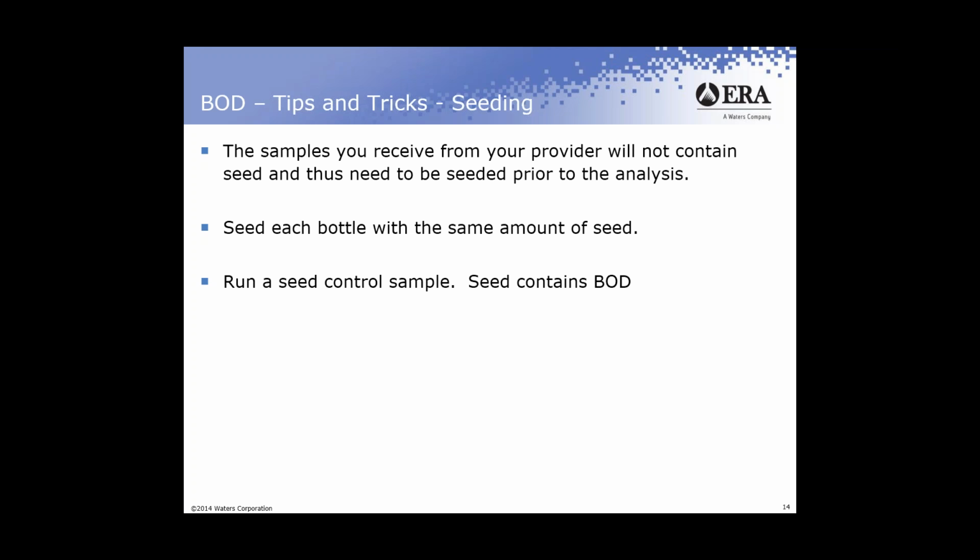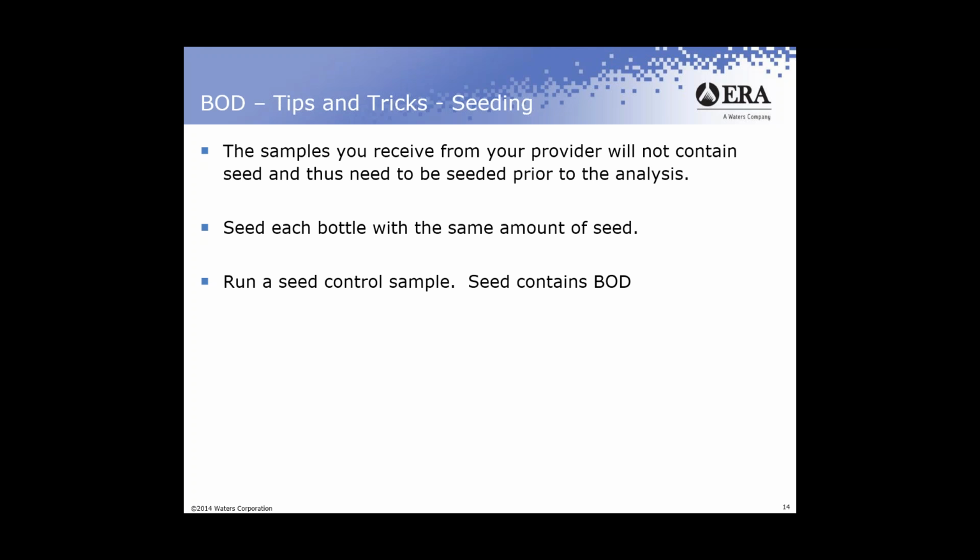The 5210 method talks a little bit about seeding samples individually. I would highly recommend that. I've talked to a lot of people in the past who have had issues with getting consistent results, and what they're doing is they're seeding their dilution water, that nutrient water. But as you do varying degrees of dilutions, if you seed that dilution water, you're also putting various amounts of seed in there.